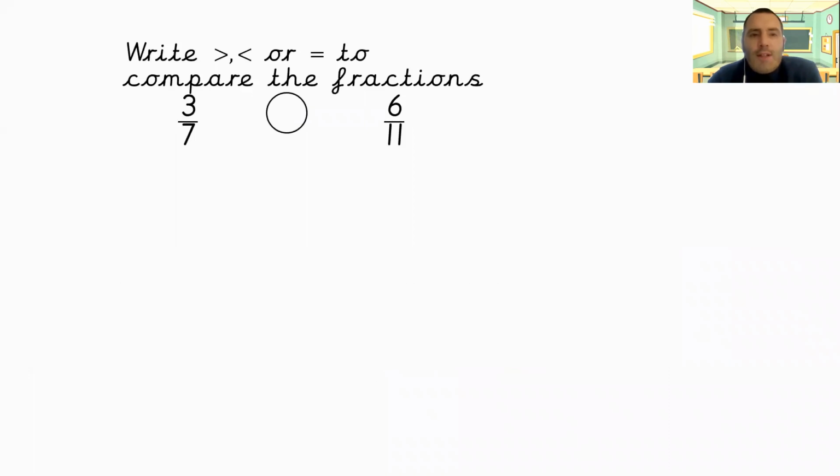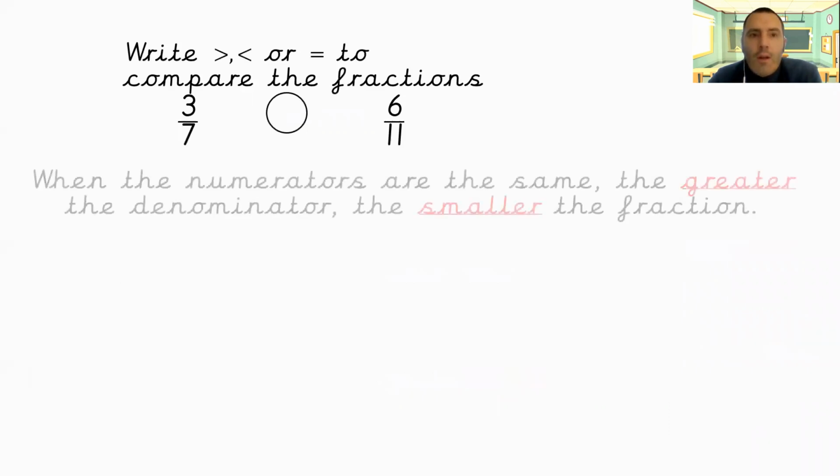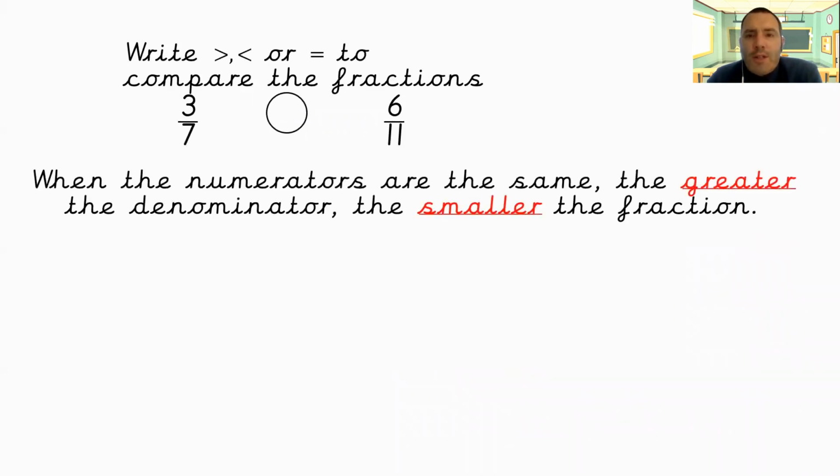So, right, greater than, less than, or equal to. Compare the fractions here. So when the numerators are the same, the greater the denominator, the smaller the fraction. Well, here, how can we make our numerators the same?